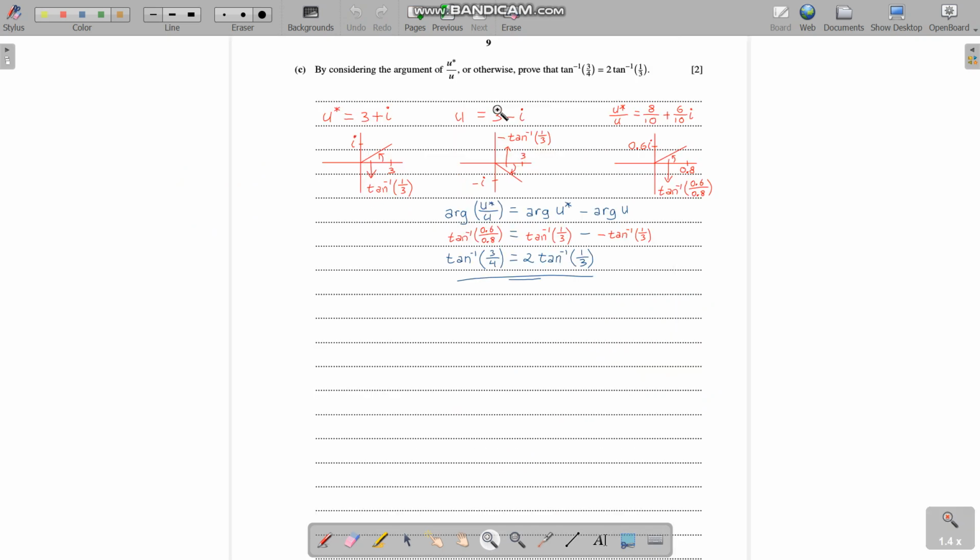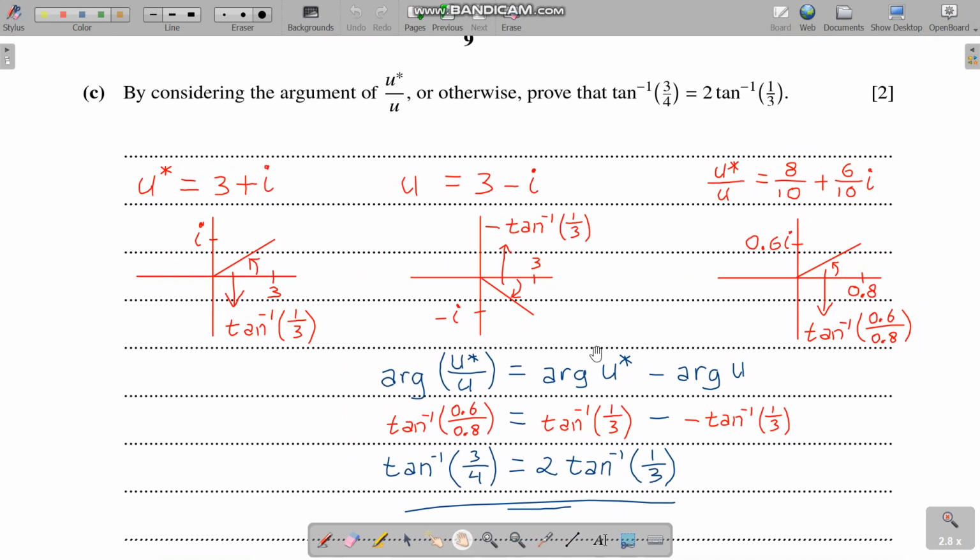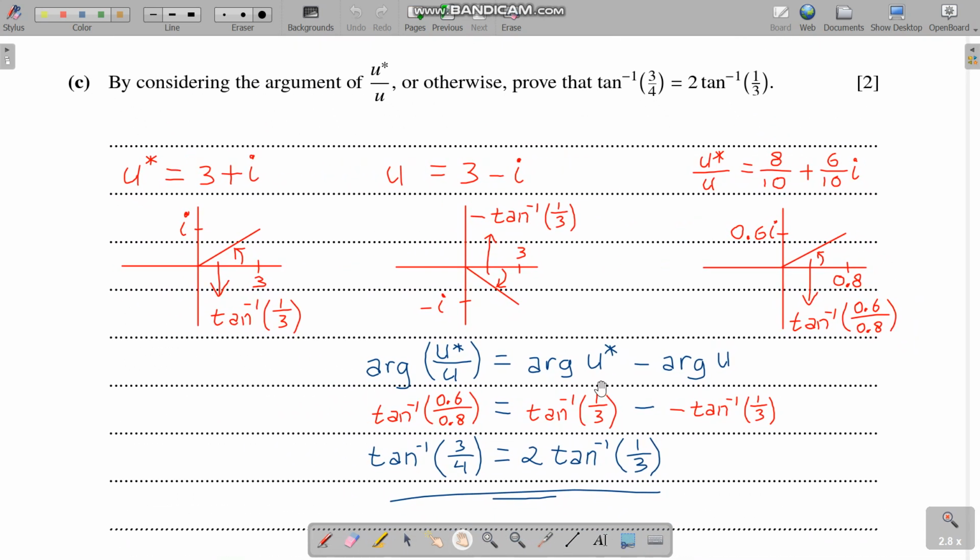Alright, next part. Part c: by considering the argument of u star over u, or otherwise, prove that it equals 2 times inverse tangent of 1/3. Okay, so previously we know this is u star and this is u. So this is u star in our Argand diagram.